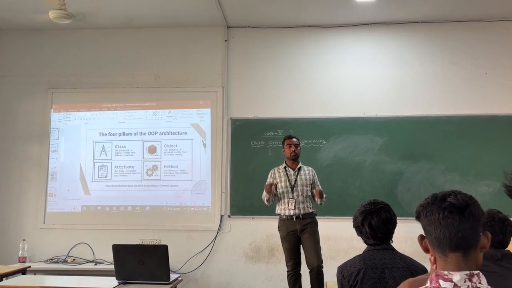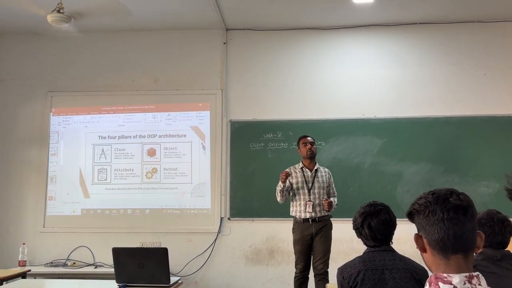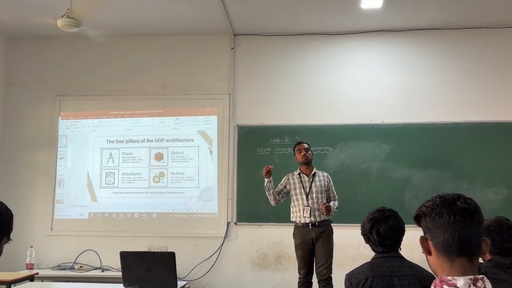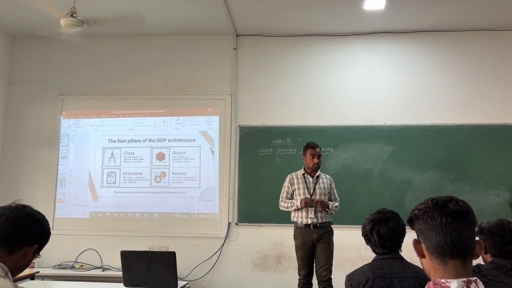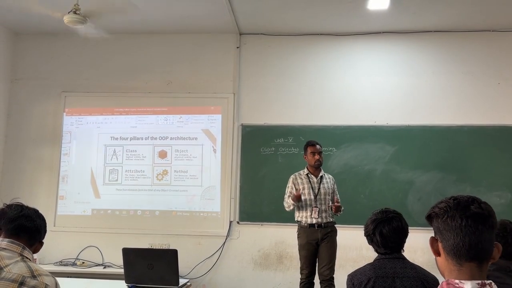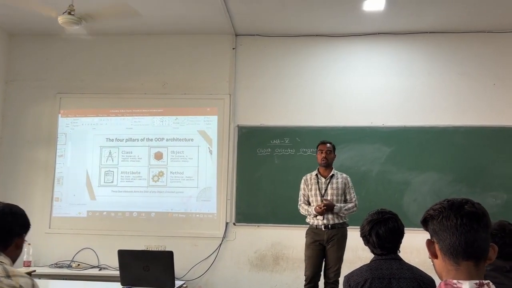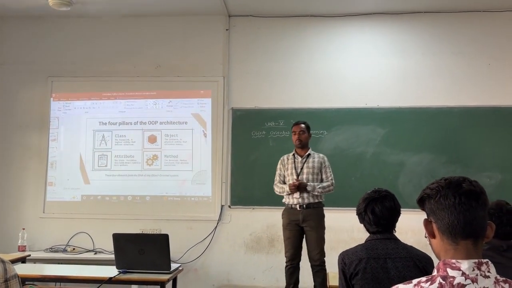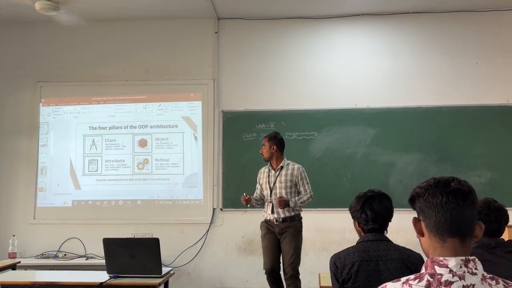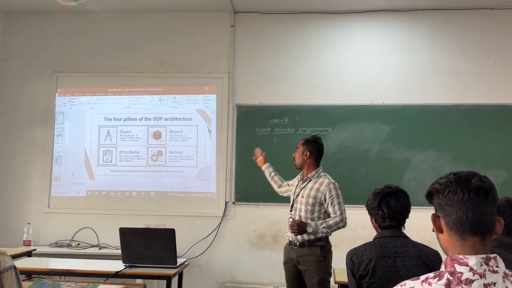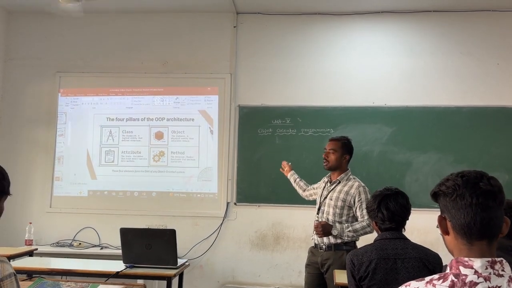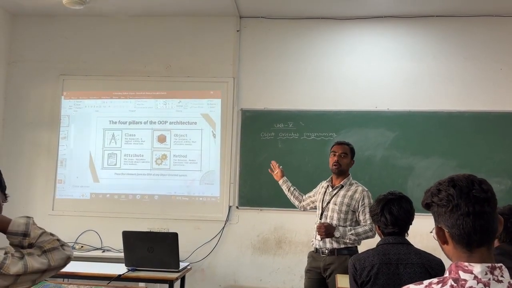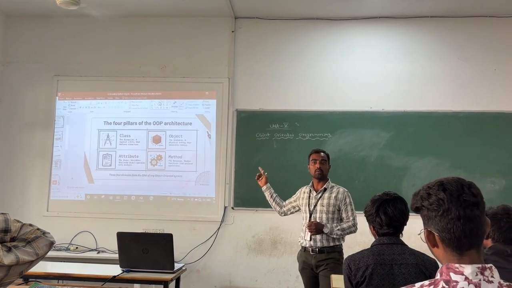In a simpler way, object-oriented programming is real-world suitable programming, so we can create real-world suited programs. It contains class, object, attributes and methods. These four are the pillars of object-oriented programming.